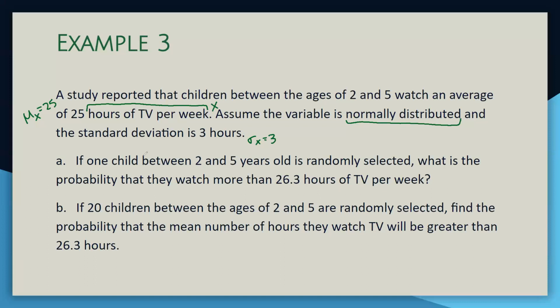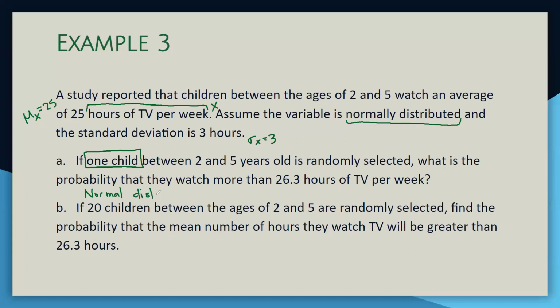Part A then says if one child between 2 and 5 years old is randomly selected, what is the probability that they watch more than 26.3 hours per week? So all of this together, the word problem plus part A, indicates that we're looking at raw data, and this is just regular old normal distribution.